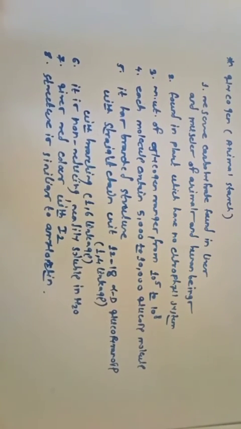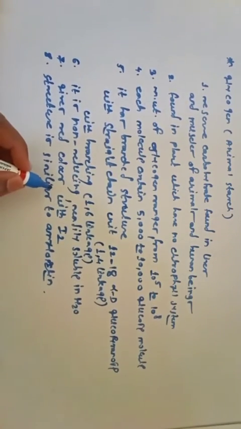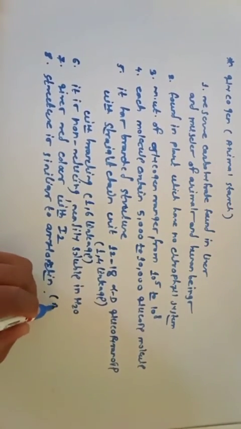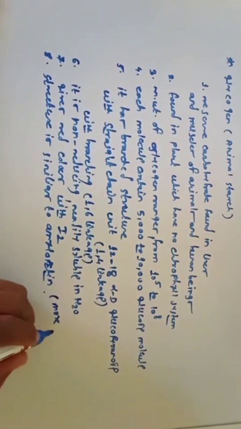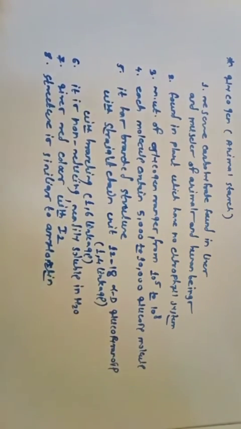If you see glycogen, it is more highly branched than amylopectin. No doubt its structure is similar to amylopectin, but it is more highly branched.